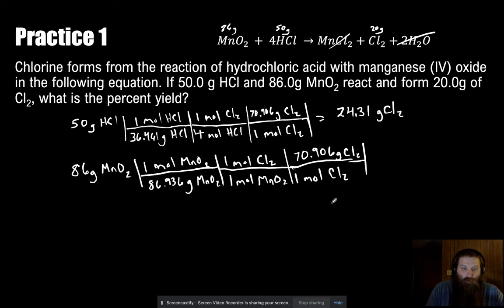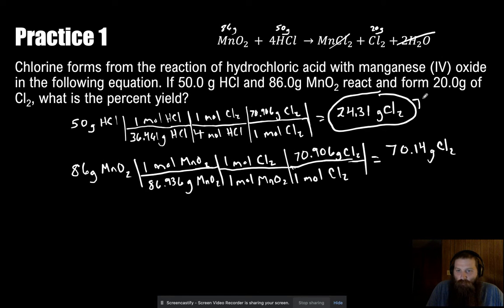So 86 divided by 86.936 times 70.906 should be around 70. Yep. 70.14 grams of Cl2. So this is our theoretical yield.